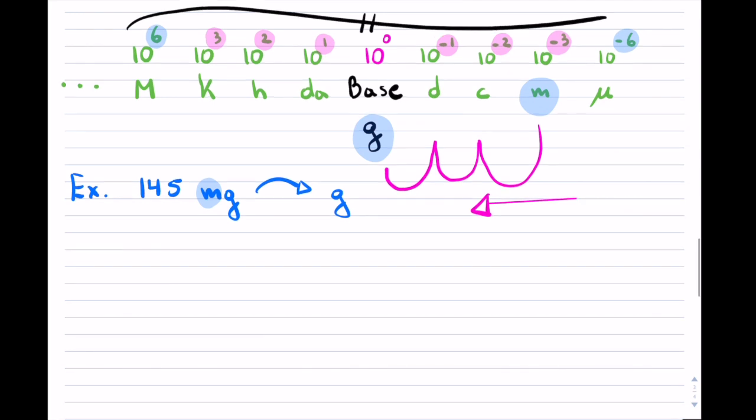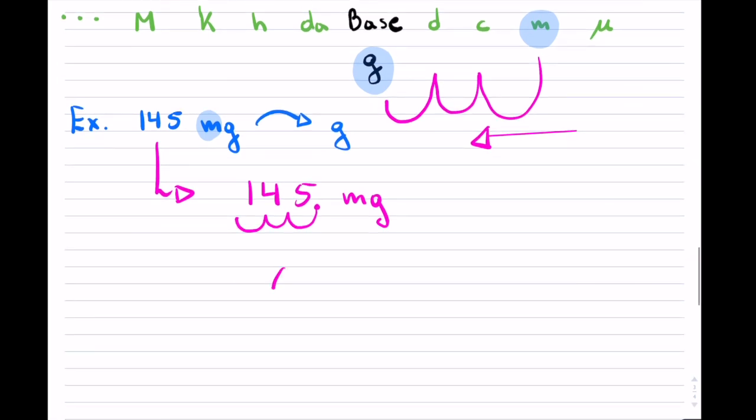So you can simply do the conversion by taking the decimal spot and removing the milli by going in the same direction, moving 3 spots. 1, 2, and 3. So your answer in grams would be 0.145.